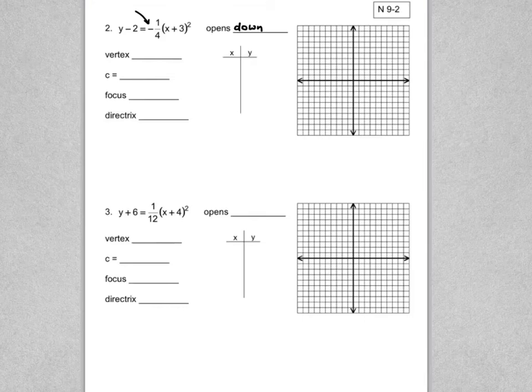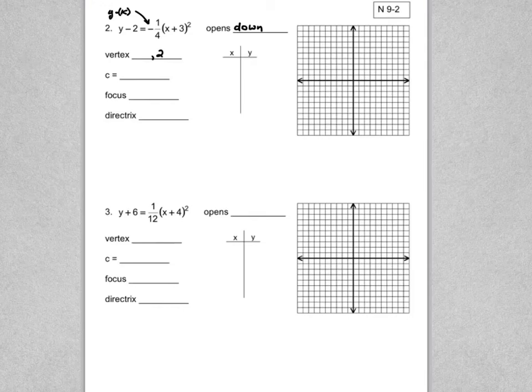Now our vertex, remember when you read out of parentheses, or this is y minus 2, so that's going to be a positive 2. Remember the basic equation: this was y minus k here. So our k is a positive 2.